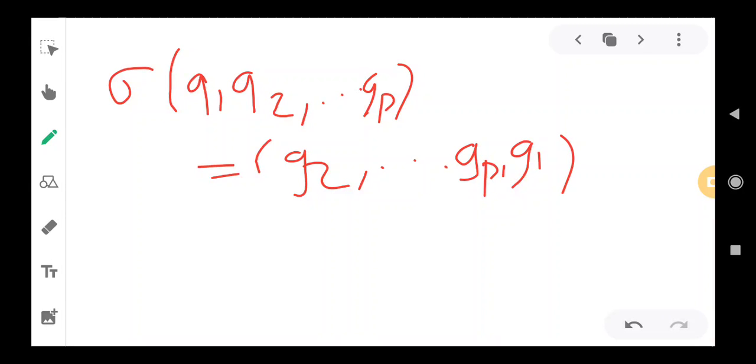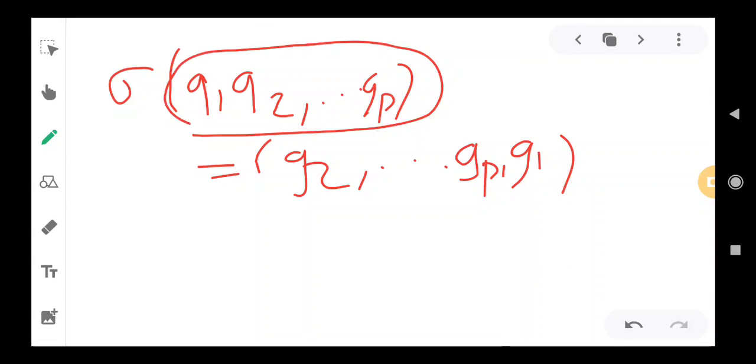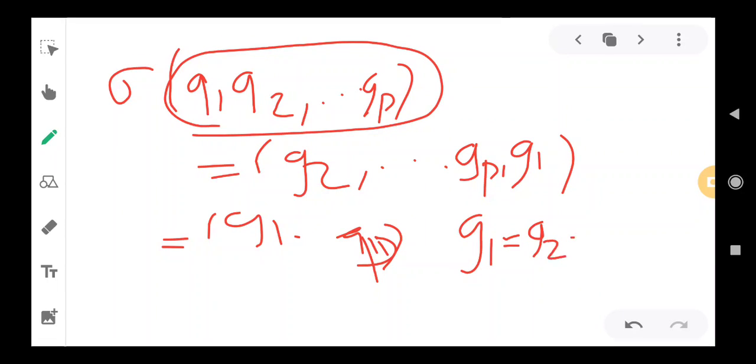So sigma fixes (g1, g2, etc., gp), meaning it is equal to (g1, g2, etc., gp), if and only if g1 equals g2 equals etc. equals gp. Only then does sigma fix this tuple. Otherwise the coordinates get changed.